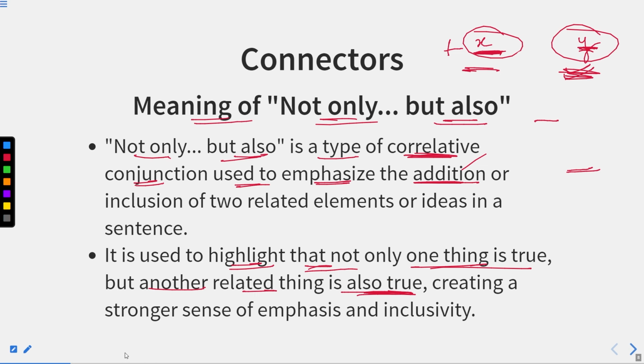So not only but also is a conjunction which emphasizes another option, that it is equally important. And that is also the requirement of the scenario. So creating a stronger sense of emphasis and inclusivity, it shows the including element, that this needs to be included necessarily. So it emphasizes and shows the importance of another thing also in a strong sense.